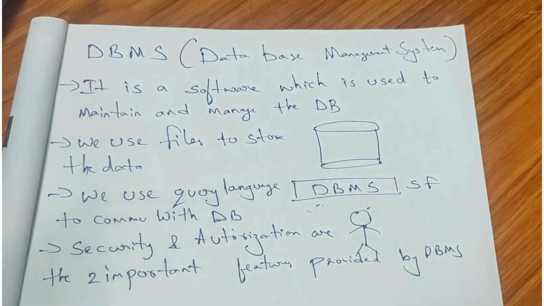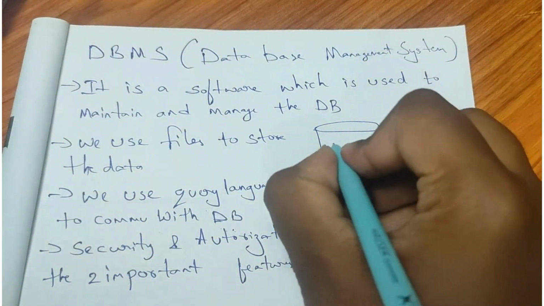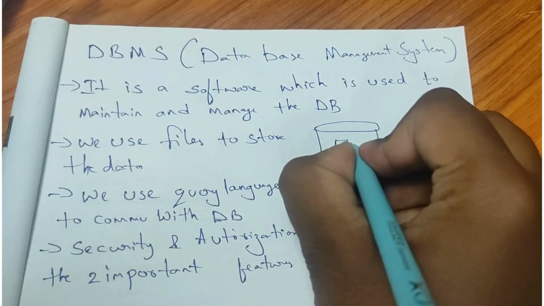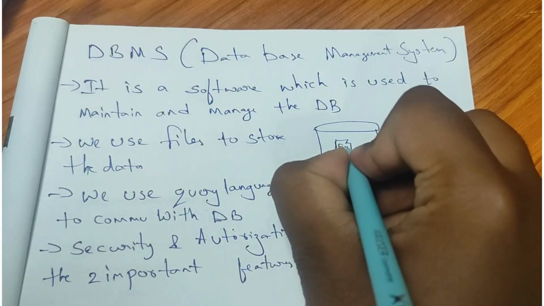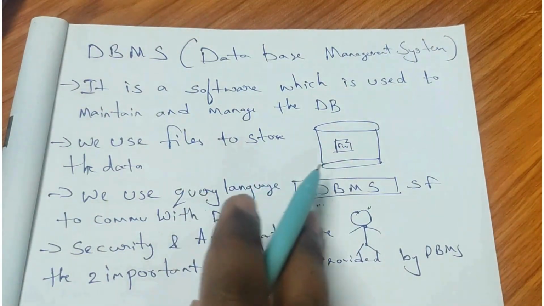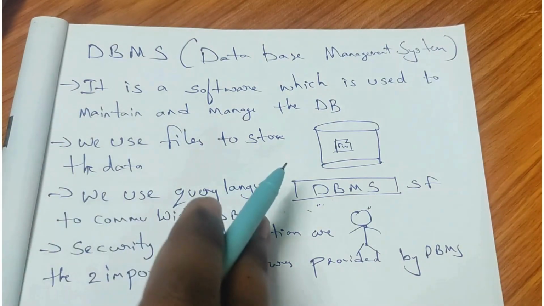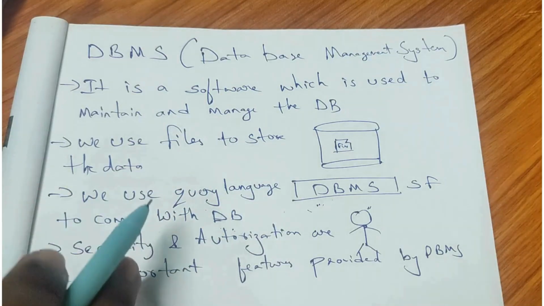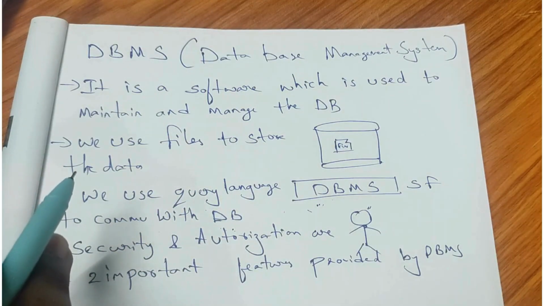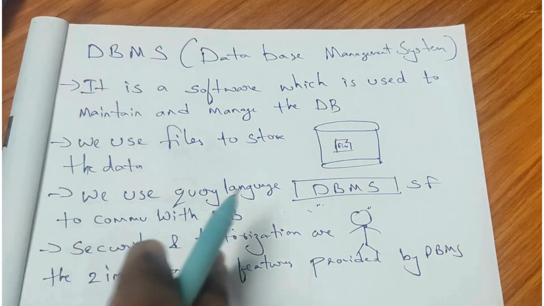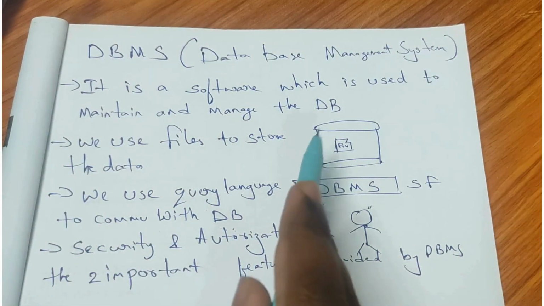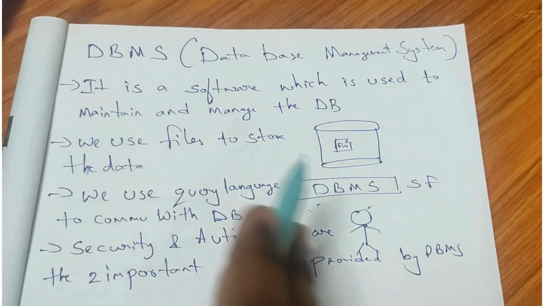In this database the data is stored in the form of files. It is a traditional way and is not used nowadays; nowadays we are using the table form of data.